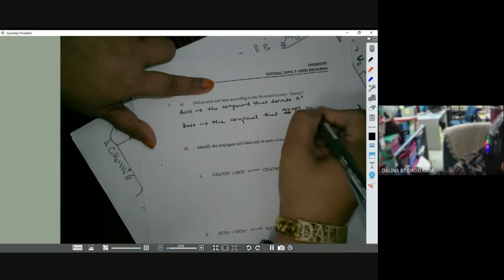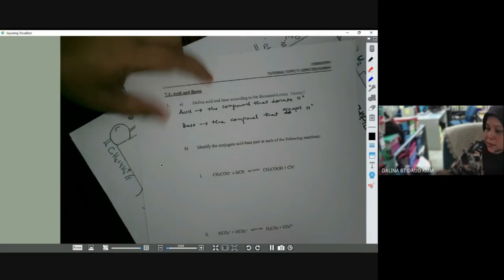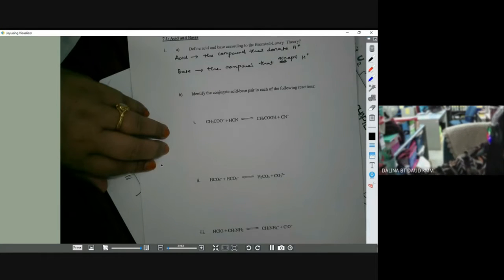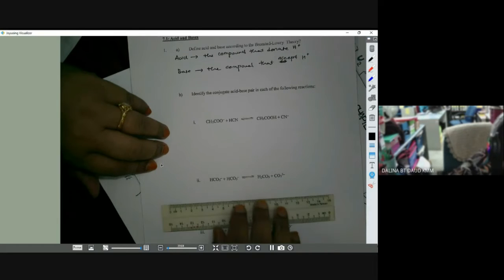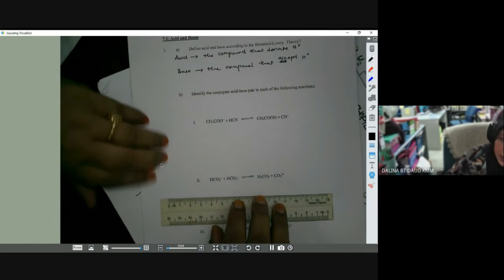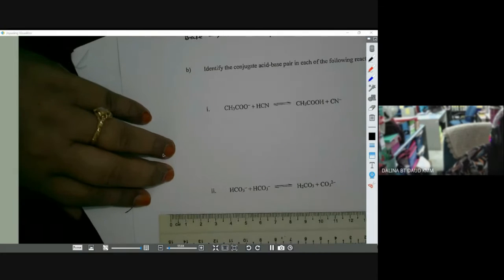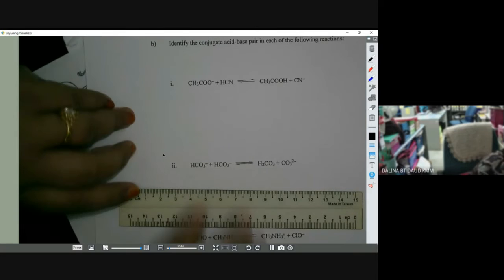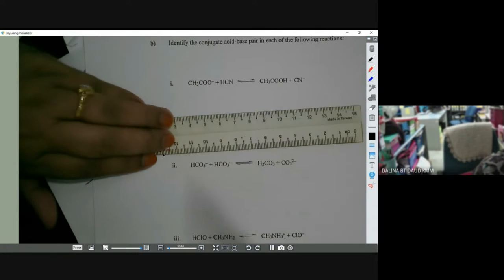Okay, soalan yang kedua ialah identify conjugate acid pair in each of the following reactions. Yang ini saya selalu buat dalam masa tulis equation. Okay, kita tengok pasangan dia. Dia nak pair. Pasangan.